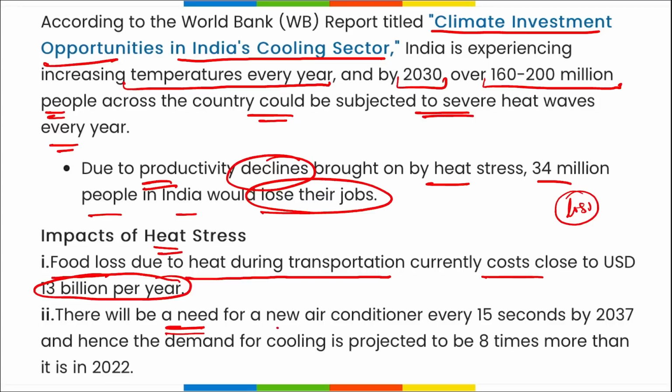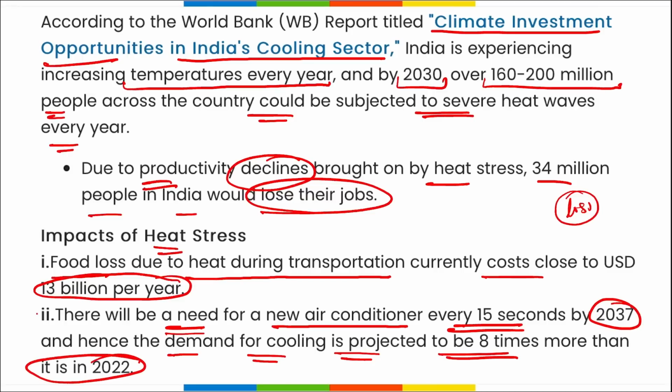There will be a need for a new air conditioner every 50 seconds by the year 2037, and hence the demand for cooling is projected to be 8 times more than it was in 2020. Highly important, remember the data. A question can be asked in such a way, so remember the data, that by 2037 we will be requiring a new air conditioner every 15 seconds, and the demand will be around 8 times more than what it is now because of the high heat waves that will be faced by India.